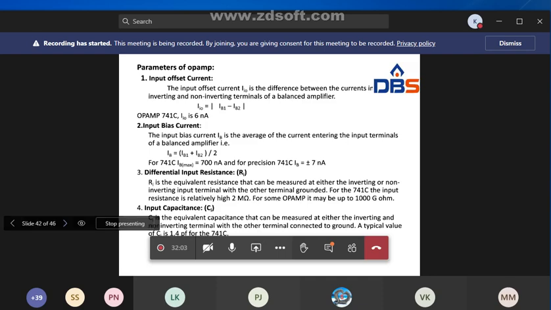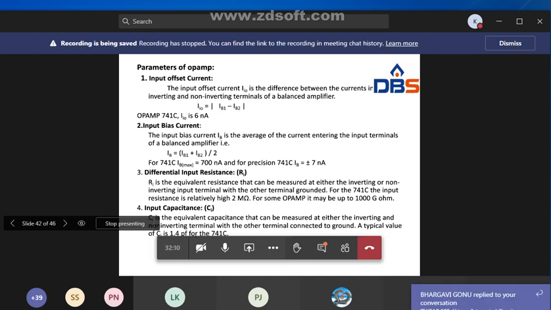Okay, so we will see the characteristics of op-amp. We are having different types of characteristics: input offset current, input bias current, input resistance, input capacitance, output resistance, slew rate, CMRR.